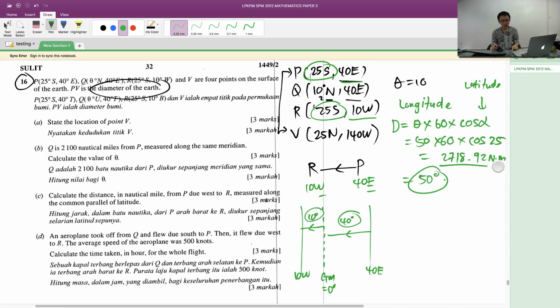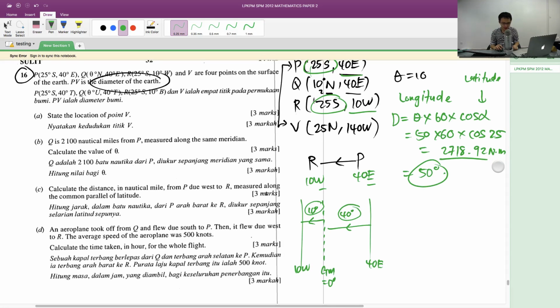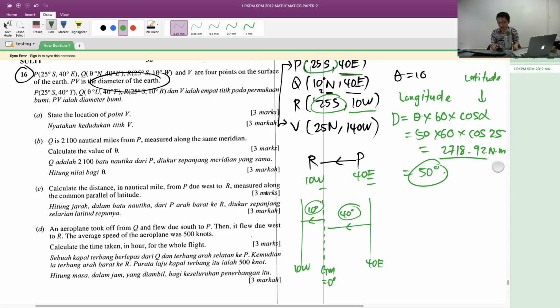Anyway, let's go to D. An aeroplane took off from Q and flew due south to P. Wow.